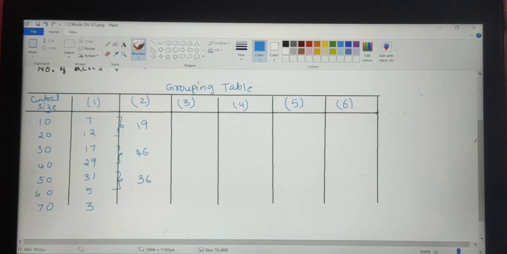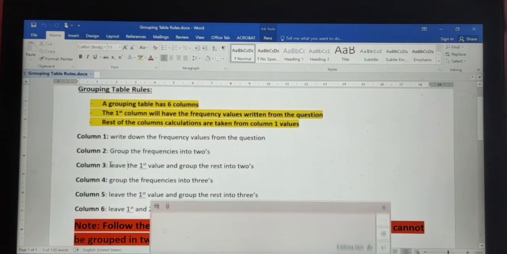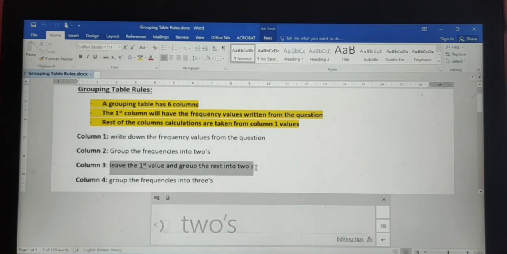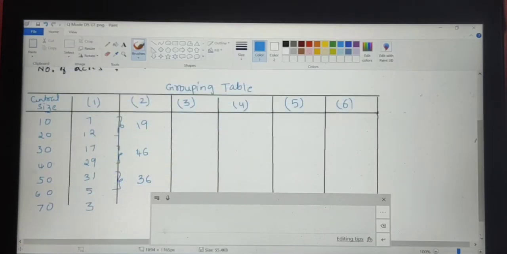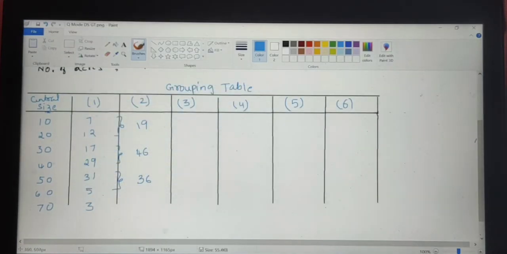Now, what does column 3 rule tell us? Column 3 tells us leave the first value and group the rest into 2s. So the first value you're going to leave. That means the number 7 will be left and our calculation starts from the second number 12.